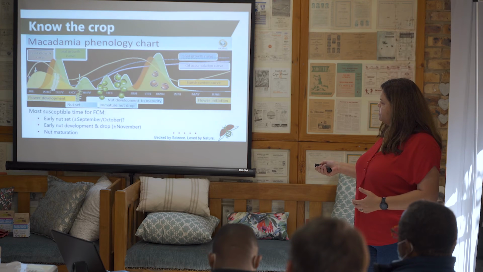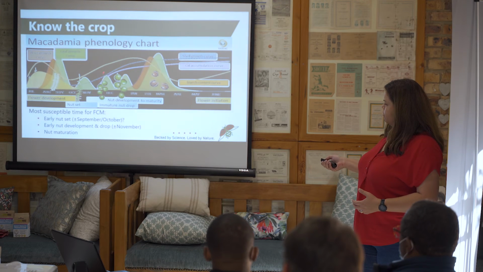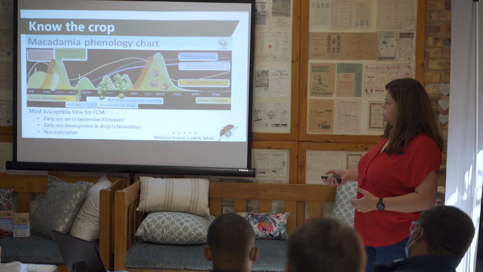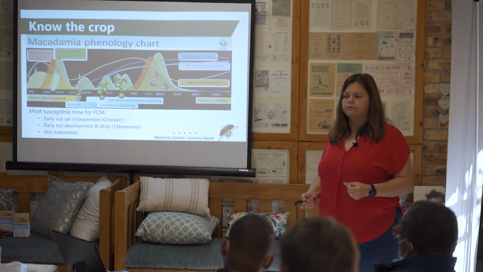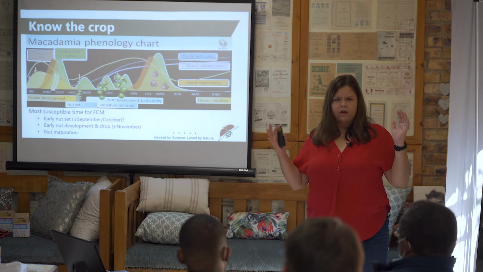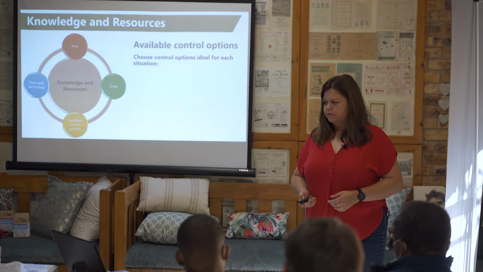Most susceptible time is basically from your early nut set, which starts here in September, October, the first nut drop in November, and then basically all the way through until your nuts matured enough for those guys to not be able to infest. So that's quite a long period of time that you need to take a look at.